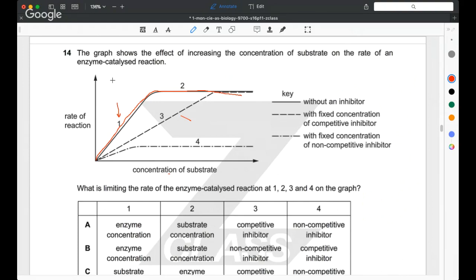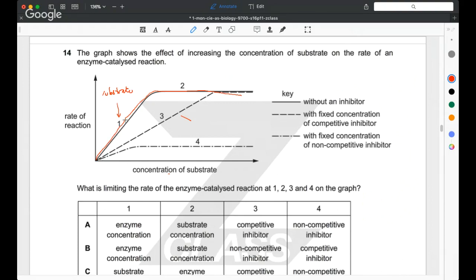So that must mean that there is plenty of enzyme available. And so what's limiting the rate of reaction there is substrate concentration, because as you increase substrate concentration, the rate of reaction increases.